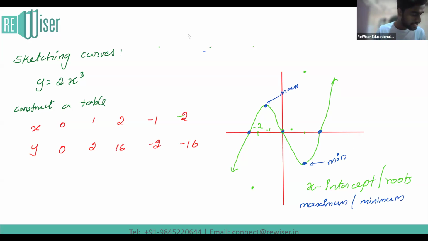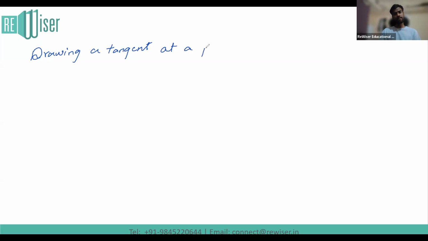The next thing is drawing a tangent and estimating the gradient of the tangent, that is, a tangent at a point. A tangent is a straight line which touches the graph at exactly one point.